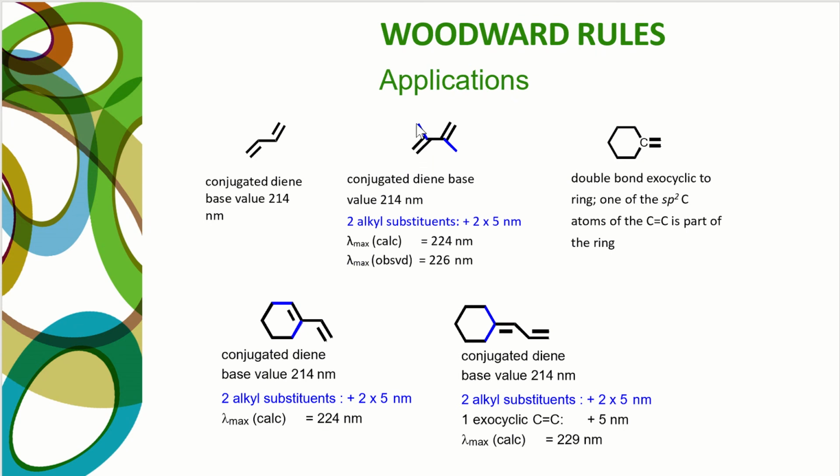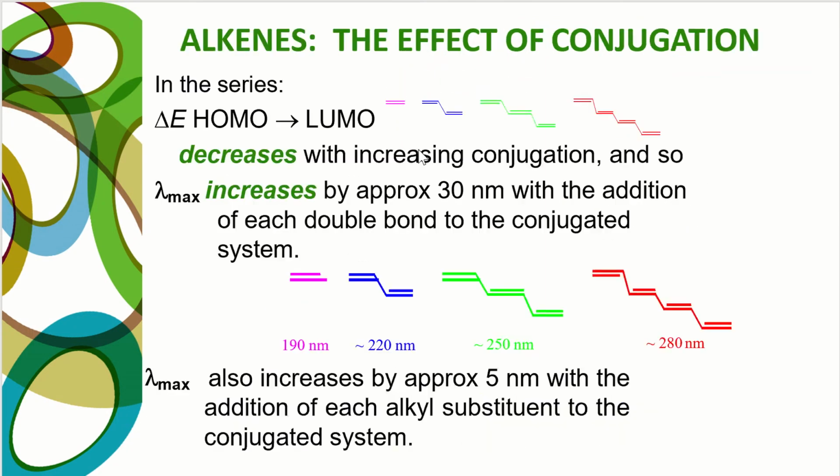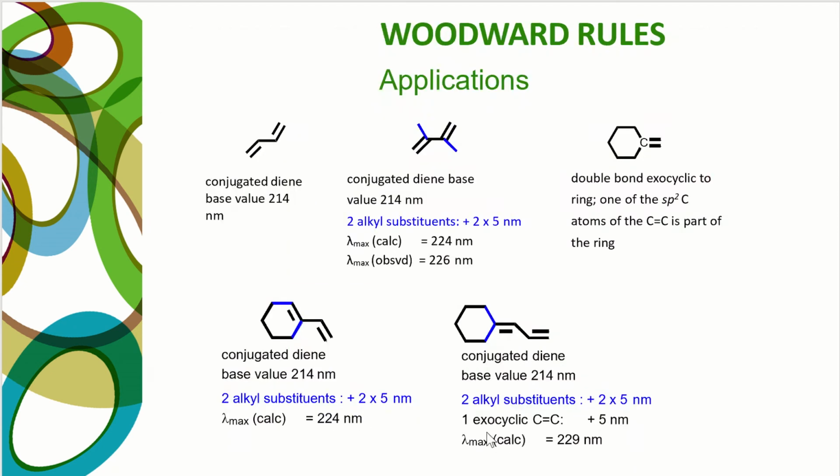We have two alkyl substituents, one here and one here, and as we said, the lambda max increases by approximately 5 nanometers with the addition of an alkyl substituent to the conjugated system.